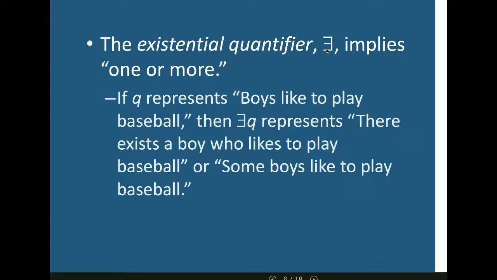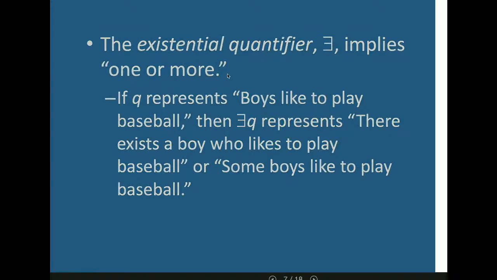So if Q, again this variable representing a statement, is boys like to play baseball, then with this backwards E Q, we can say there exists a boy who likes to play baseball, or some boys like to play baseball, or one or more boys like to play baseball.